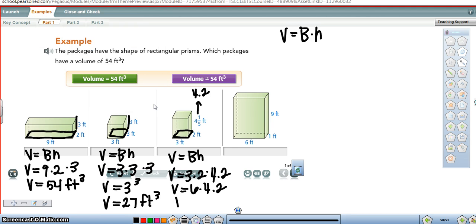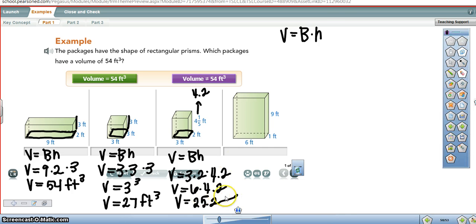The volume is 25.2, and for our label, it would be feet cubed. Anytime you find volume, we have cubed units on our label.